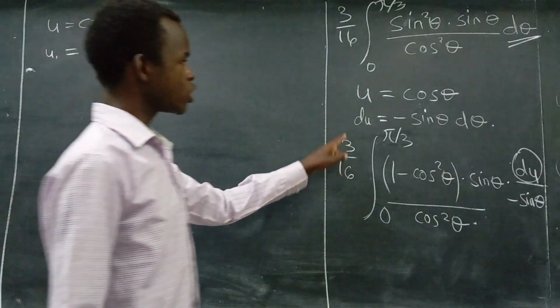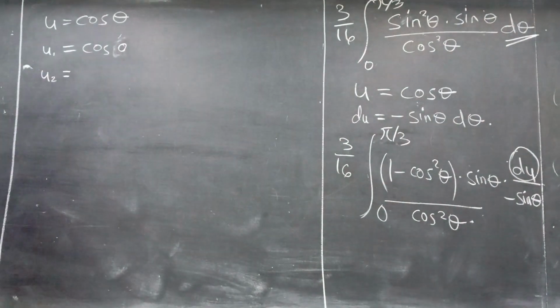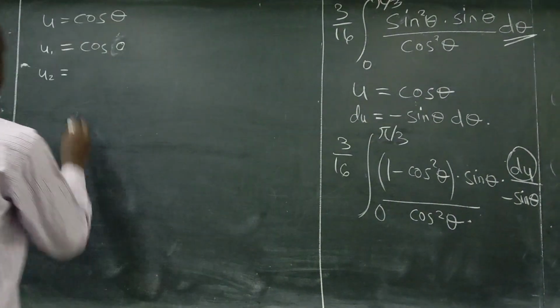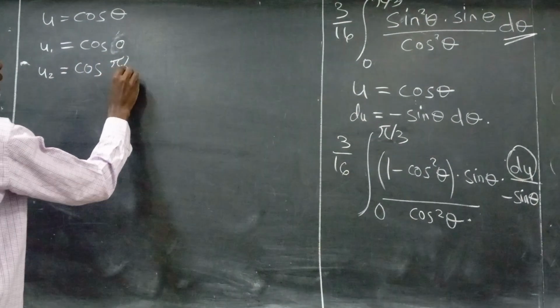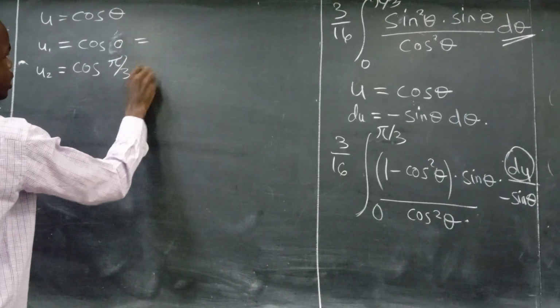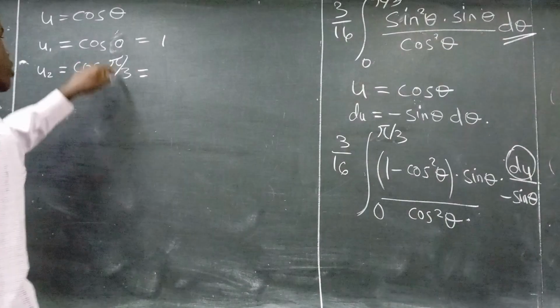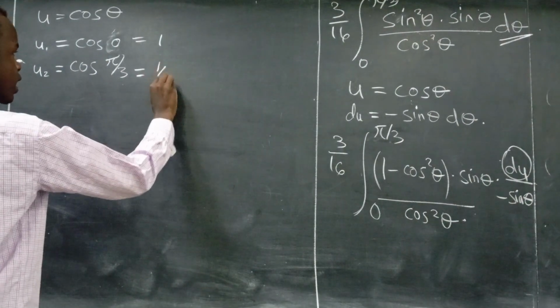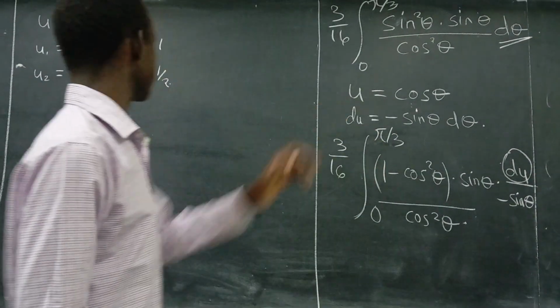Then I'll say my u2, the second bound, to be cos of pi over 3. What's cos of 0? 1. What's cos of 60? It's just the same as a half. So I'll have to change my bounds from 1 to a half.